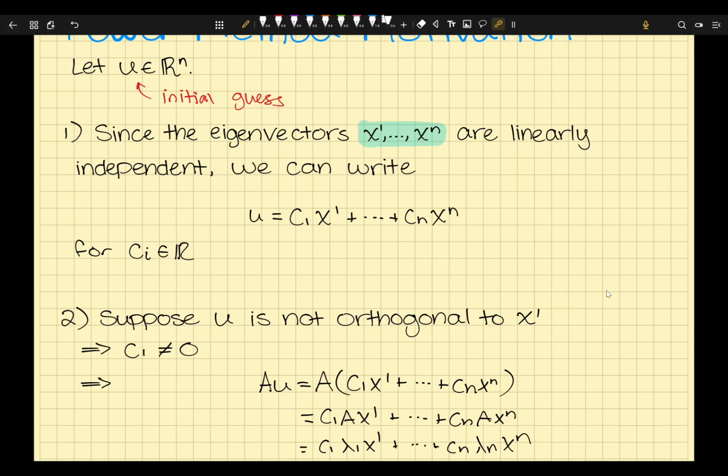So now we get c1 lambda 1 squared x1 through cn lambda n squared xn. So what's happening is that each time we multiply u by A, we're seeing these eigenvalues appear in the same power. So A squared times u, we get these eigenvalues squared.